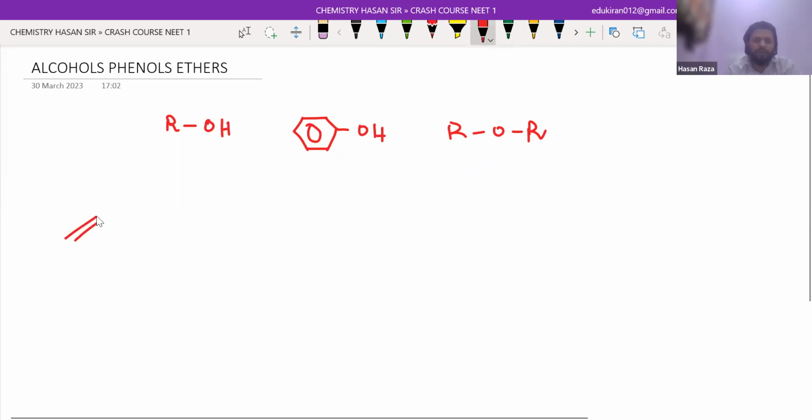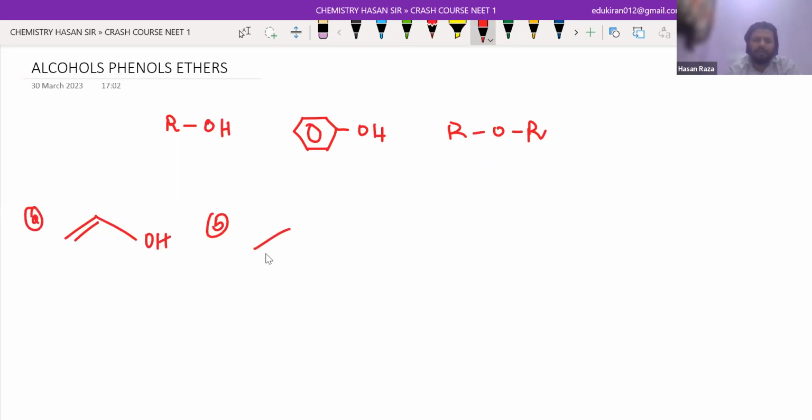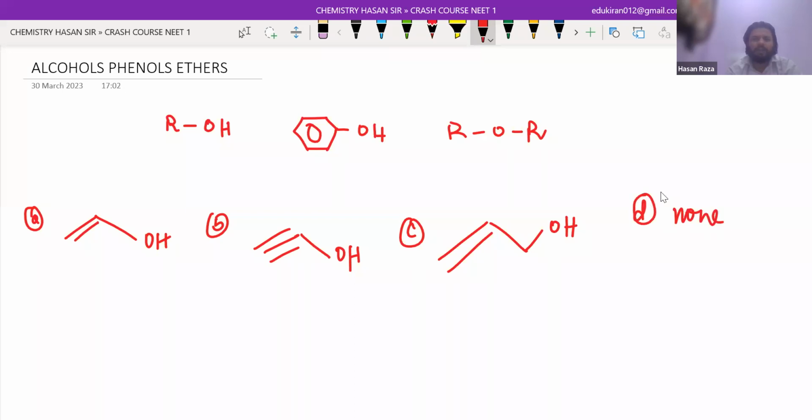Which one of the following is allylic alcohol? This is your option A. Option B, I'm going to give you this. Option C, I'm going to give you this. And option D is none of these. You need to tell me which one is allylic alcohol.